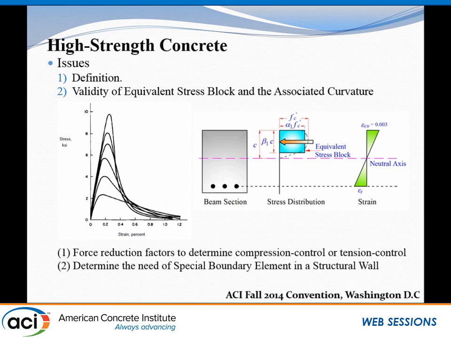The current code uses it primarily for two purposes. First, calculating the phi factor for flexure, and then determining the need for special boundary elements in structural walls. So if the code continues to use this design criteria, the curvature has to be determined.